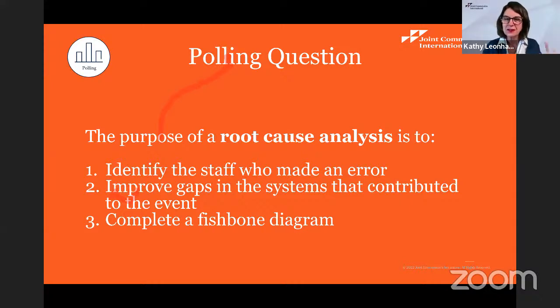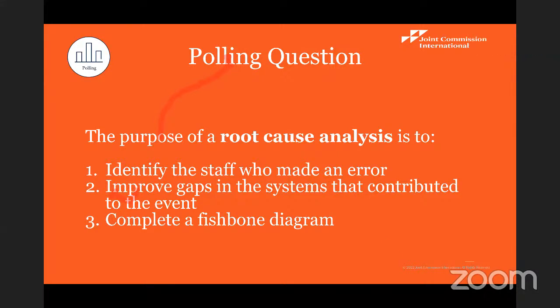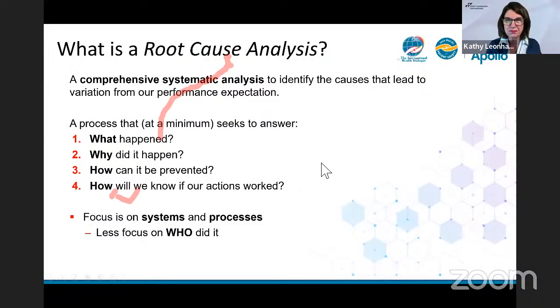More important is the framework, the concept, and the purpose and goal of the root cause analysis. That's how we use the data, how we interpret the data. So, yes, we often use a fishbone. It's a great tool. More importantly, think about the construct and the concept, the principles behind the root cause analysis. And that's what I want to emphasize.